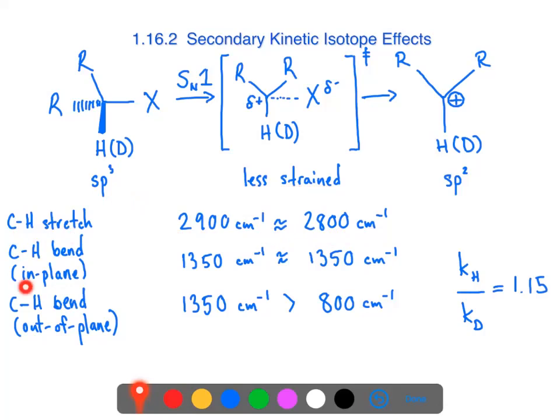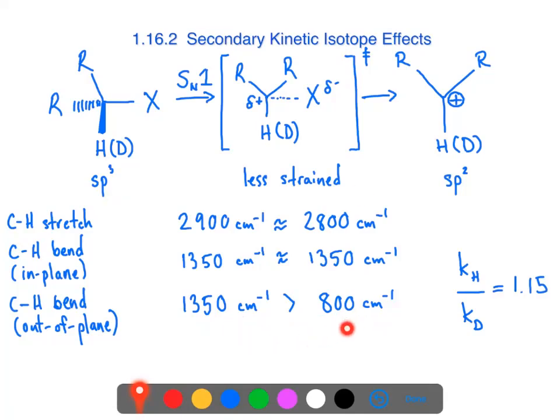For the CH bend in plane, that is this CH bond bending within the plane of the screen, again, we see no difference in the frequency for that particular motion. However, for the CH bend out of plane, where this carbon-hydrogen bond is going to bend towards you and away from you, we see a significant difference in the frequency for that particular vibration between the reactant and the transition state.